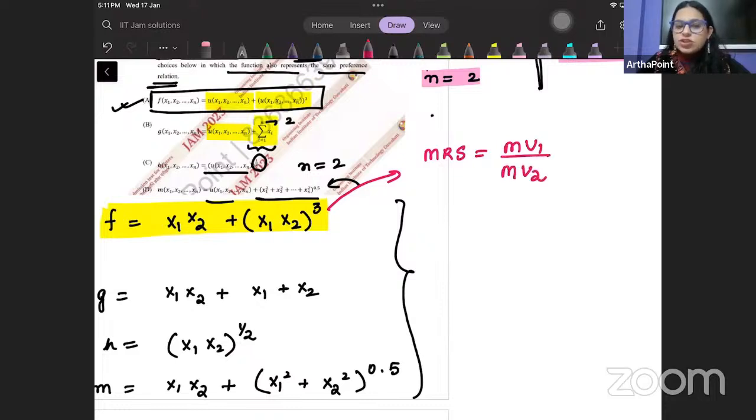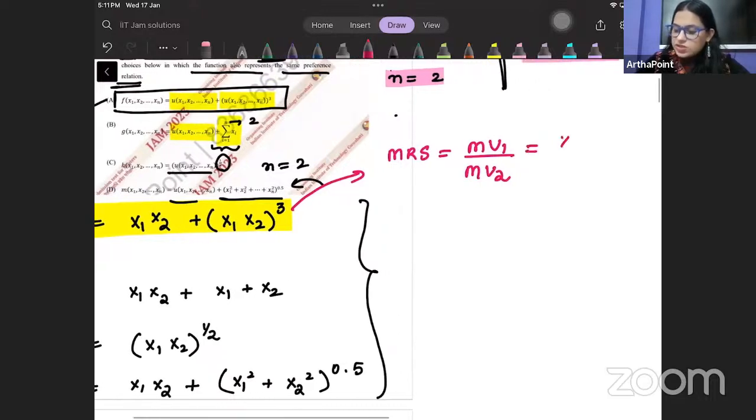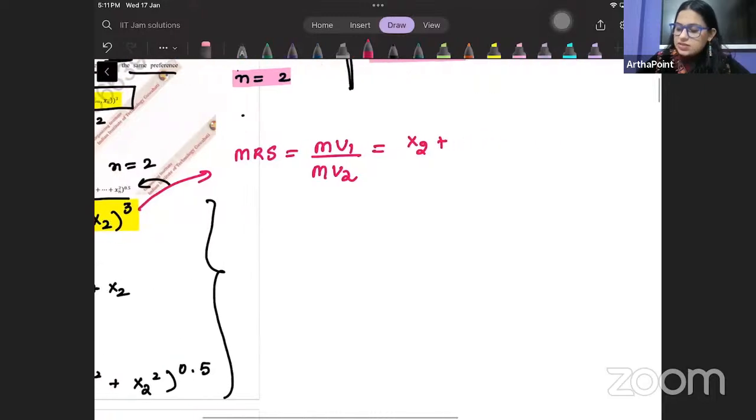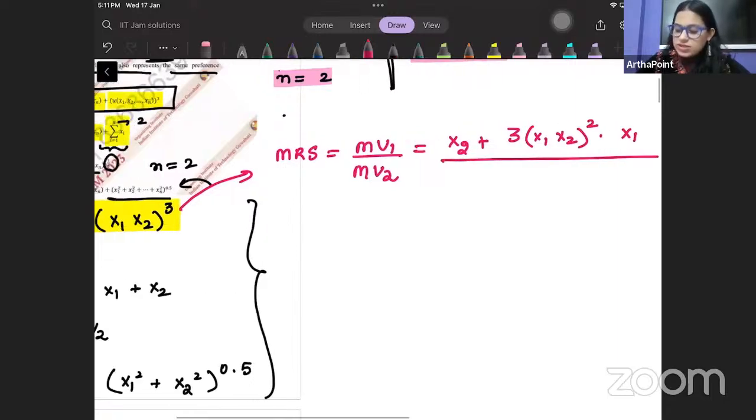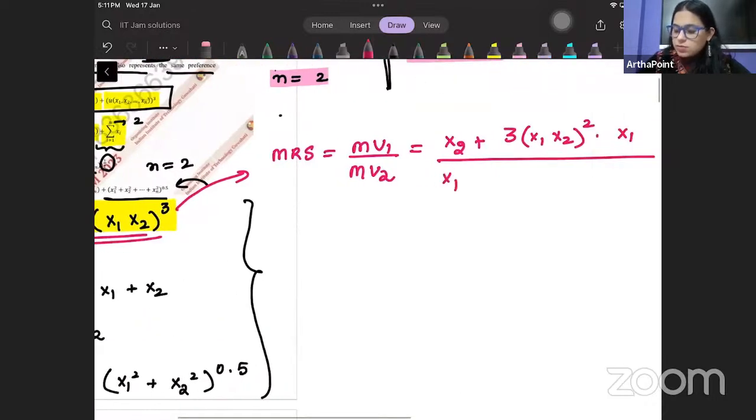If I differentiate this with respect to x1, I will get x2 plus 3, x1, x2 to the power 2 into x1. And if I differentiate this with respect to x2, I will get x1 plus 3, x1, x2 to the power 2 into x2.